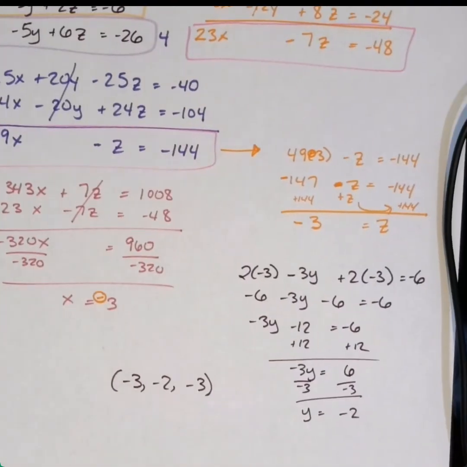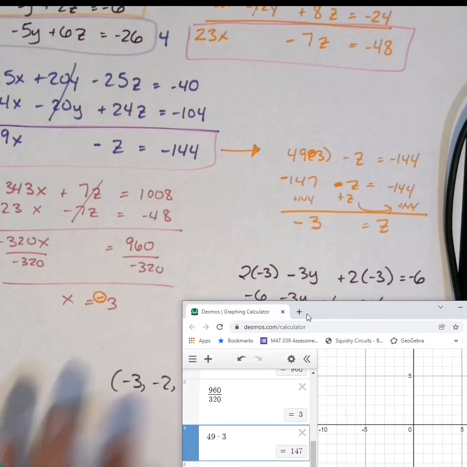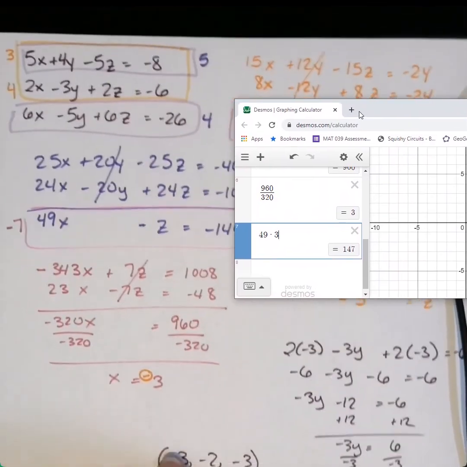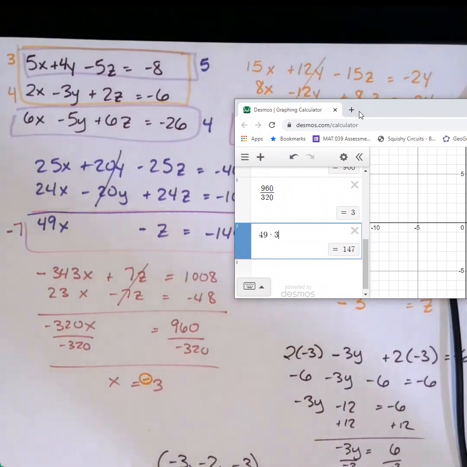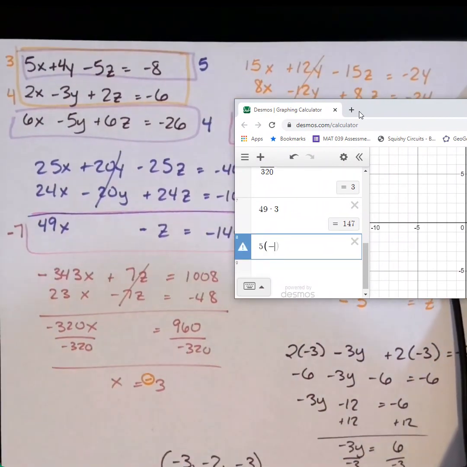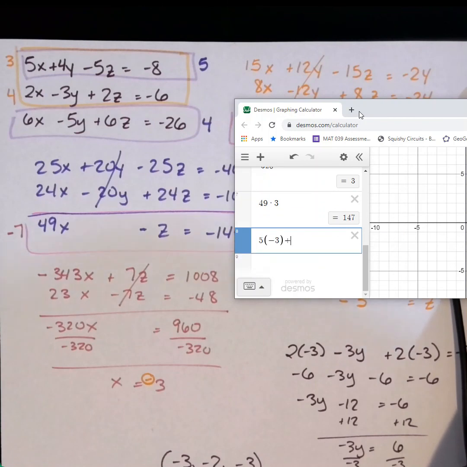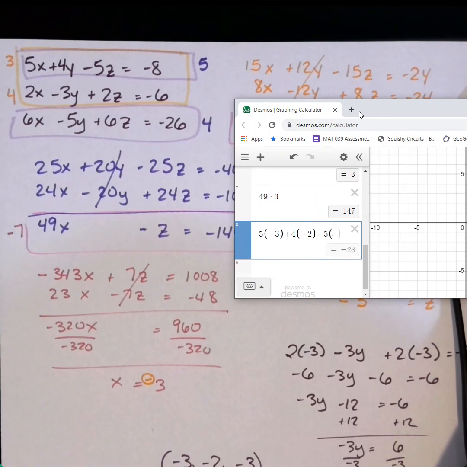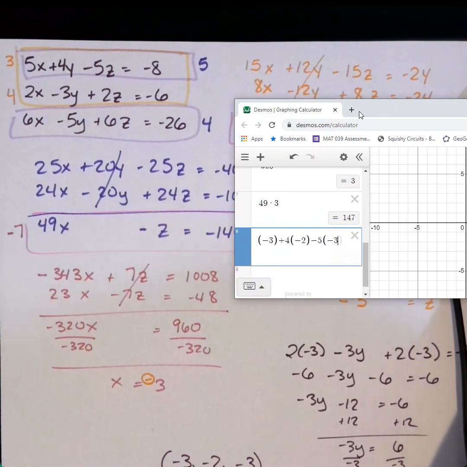We can check this with all of our equations. I will pull over my decimals window here for my quick check. All right, let me get my pens out of the way. So in the top equation, we have 5 times x, which is negative 3, plus 4 times y, which is negative 2, minus 5 times z, which is negative 3, and it gets us negative 8, so that one checks.